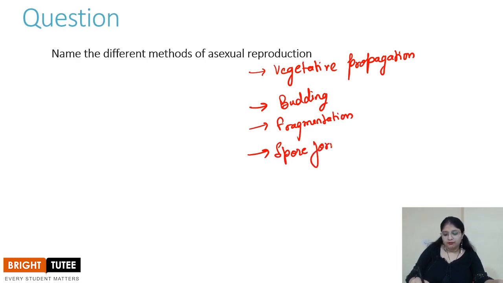So these are the four basic ways in which the plants reproduce asexually. In vegetative propagation, we have more varieties wherein the plants use different kinds of vegetative parts to propagate their species.